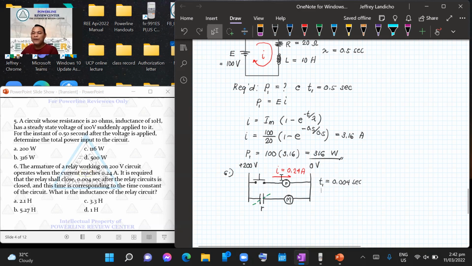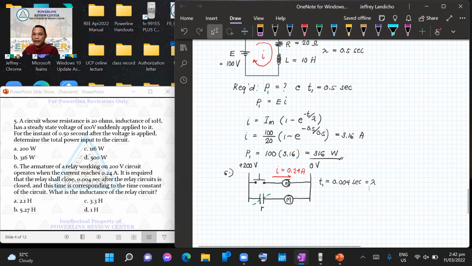At 0.24 ampere our relay is activated, so it signals our contactor, which closes, and our motor turns on. Based on the problem, this given 0.004 second also represents the time constant of this relay coil.